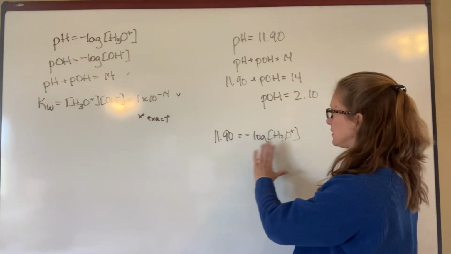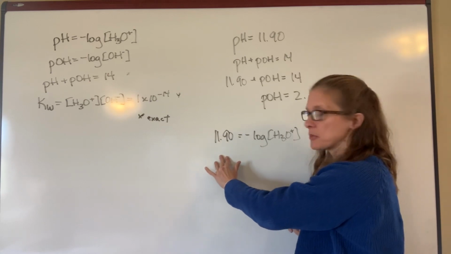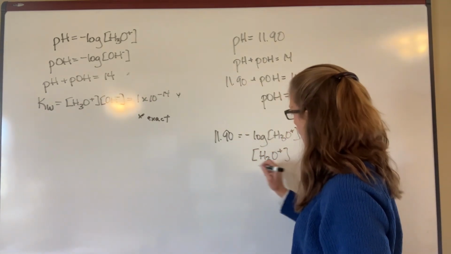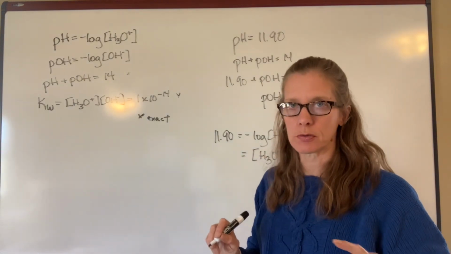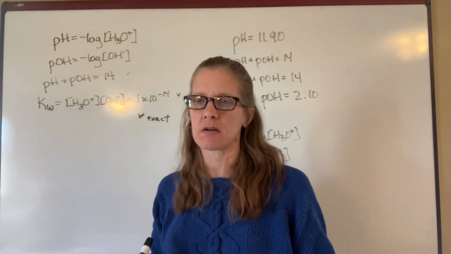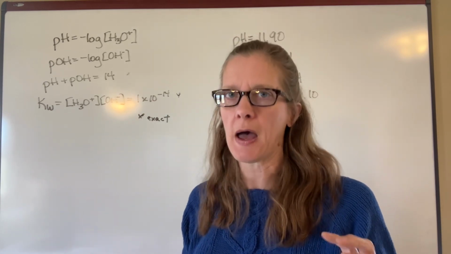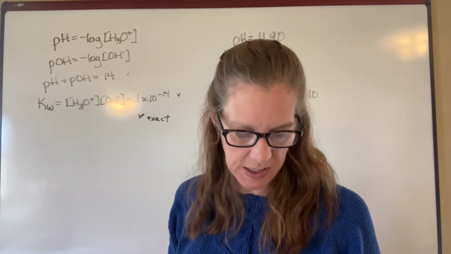So I would find this directly from the pH. Make sure, again, that you are trying these problems and that you're getting the right numbers on your calculator, because that's the biggest hurdle to these types of problems, honestly, is making sure that you know how to drive your calculator and to get the right answers.